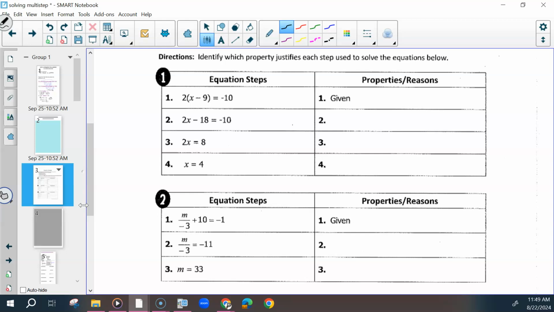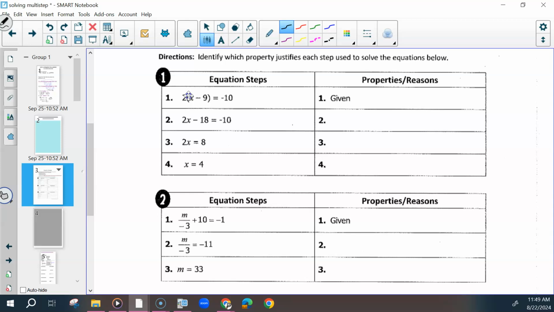They did the little parentheses. Okay, what exactly did they do with those parentheses? What math operation did they do to get 2x, and then negative 9 and then negative 18, instead of 2 parentheses x? They multiplied, yes.